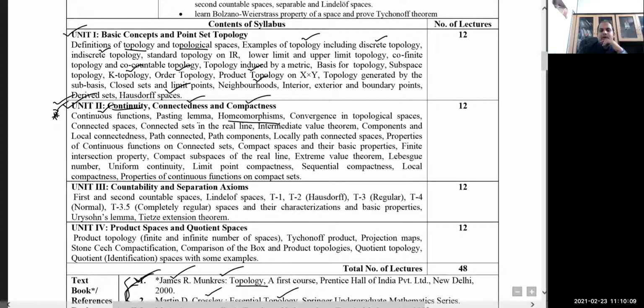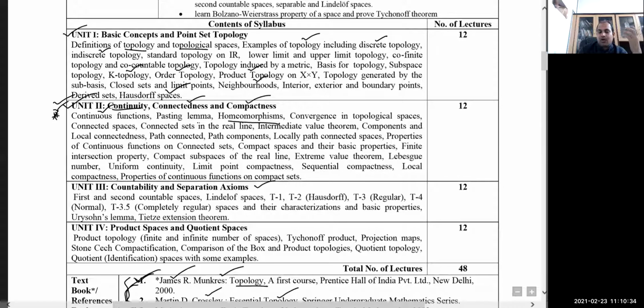And then I will come to countability and separation axioms, in which we will study normal, regular, Hausdorff spaces, Urysohn's lemma, and Tietze's extension theorem. Basically, we will see that corresponding to some topologies, there exists a metric which may generate that topology. Those topological spaces are called metrizable. But in general, this is not true.